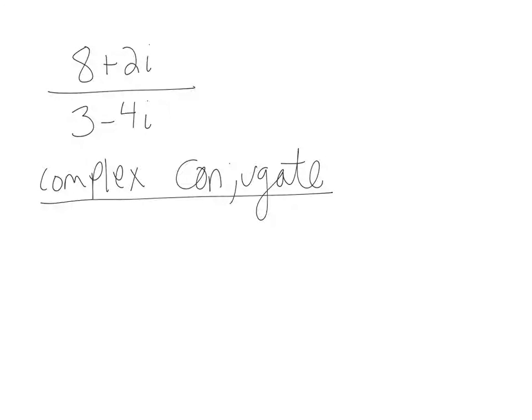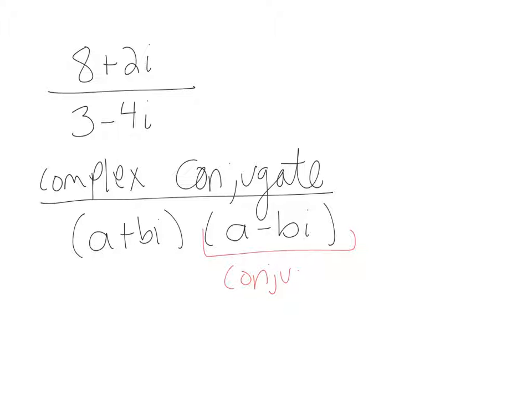The complex conjugate, for example, if I have a plus bi, the complex conjugate is a minus bi. The conjugate means basically whatever I need to multiply a complex number by, if you multiply this by its conjugate, you'll get a real number.